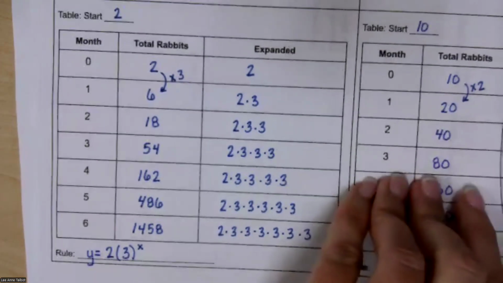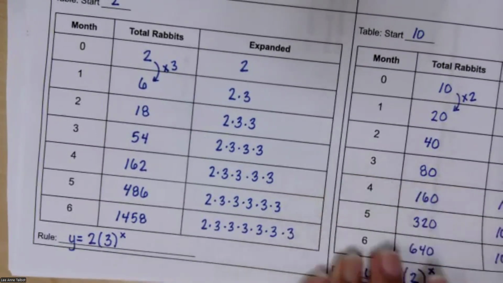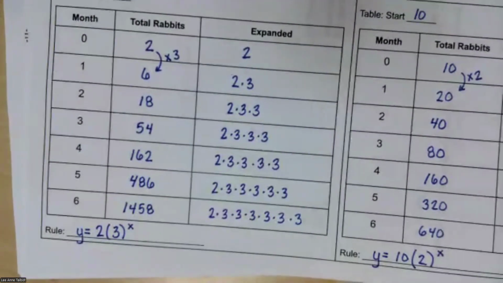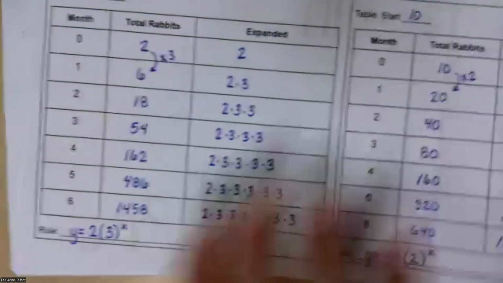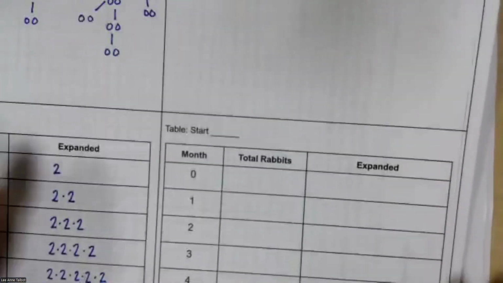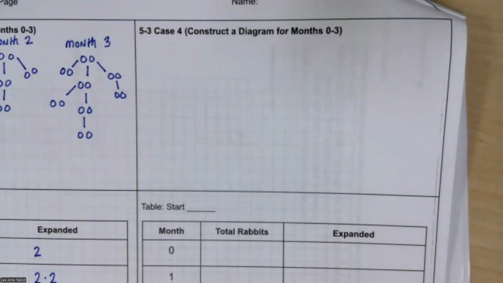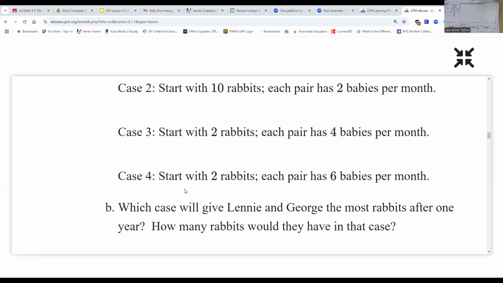Okay, last one, flip over to wherever you're going to put case 4. I get to put case 4 in the actual spot where case 4 was supposed to go. That's fine. Totally fine. Okay, start with 2 rabbits. Each pair has 6 babies per month.